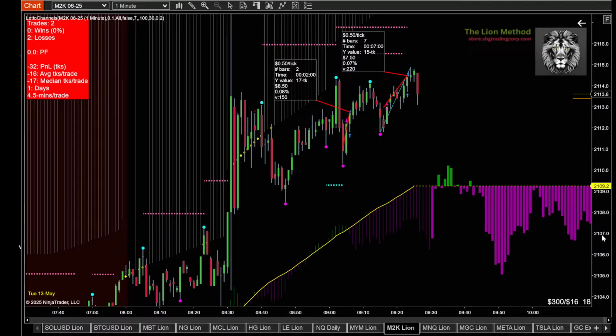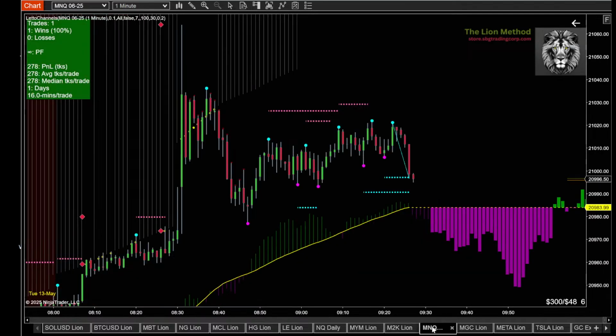We're going to wait for the Russell to break down a little bit more. Well, this was a touch of a sell signal after the overbought here. This is another setup on the overbought.